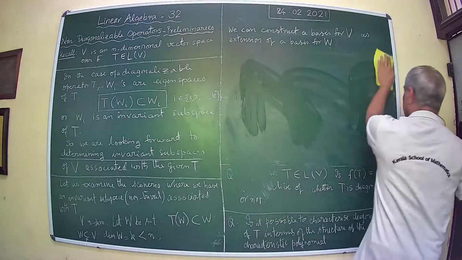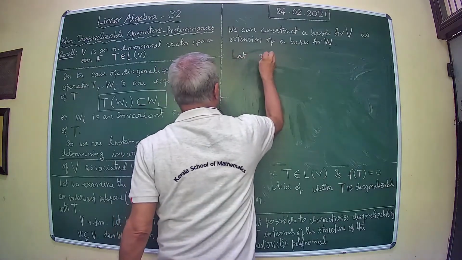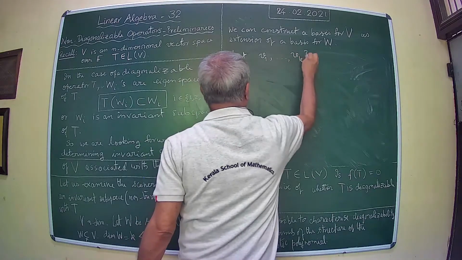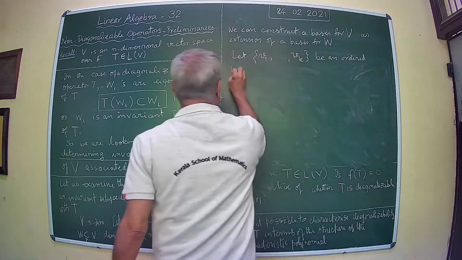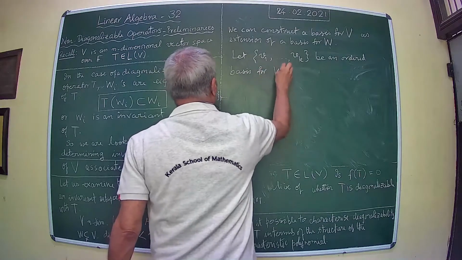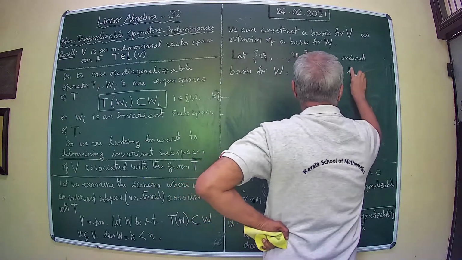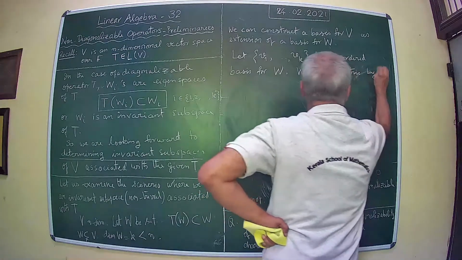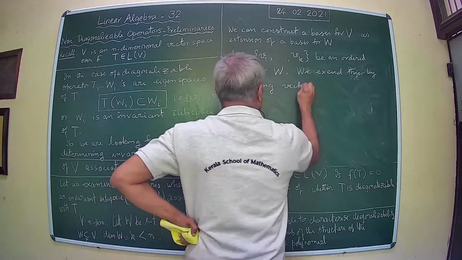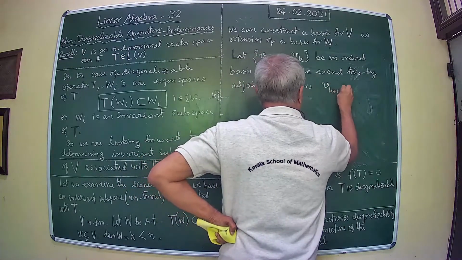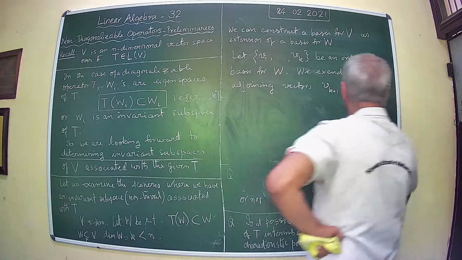So let us compute this. We take a basis for W, and we extend this by adjoining vectors V k plus 1 to V n to it.